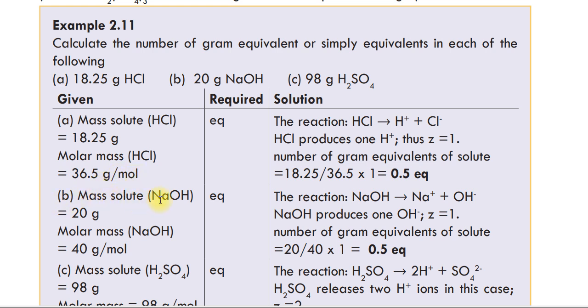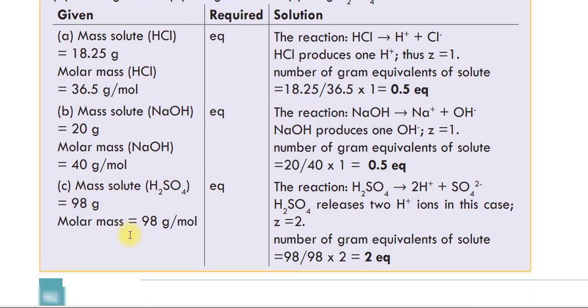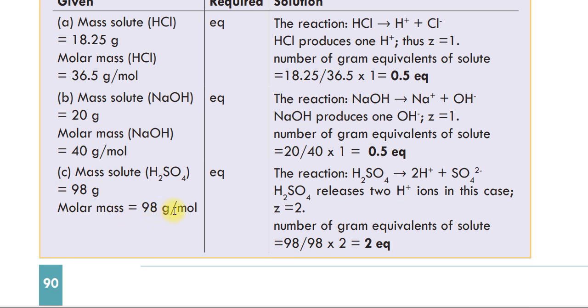In b, mass of solute, sodium hydroxide, 20 gram, molar mass of sodium hydroxide 40 gram per mole. In c, mass of solute, sulfuric acid, 98 gram, molar mass 98.